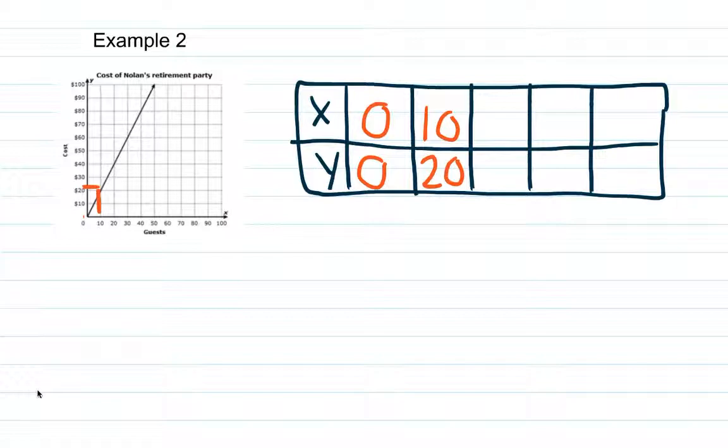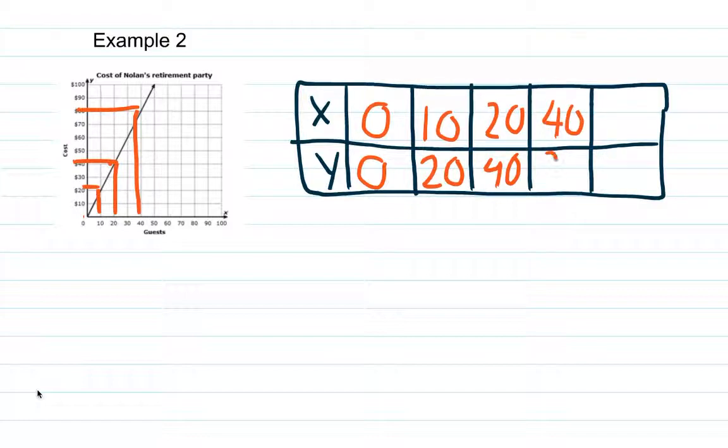There's one at 20, 40. There's one at 40, 80. And there's one at 50, 100.